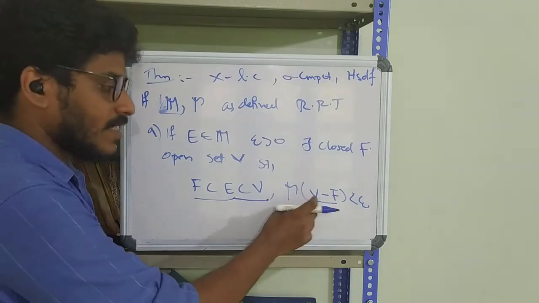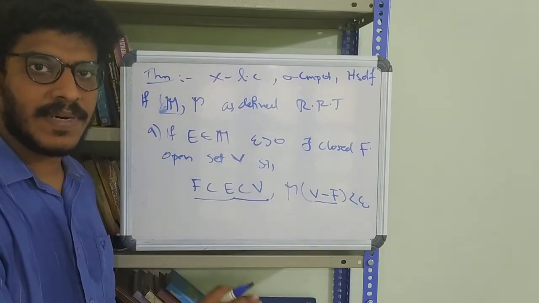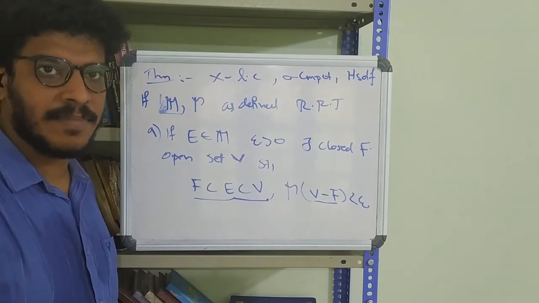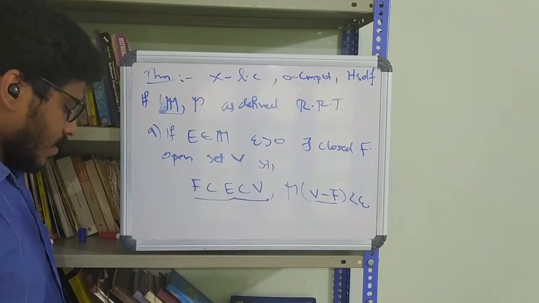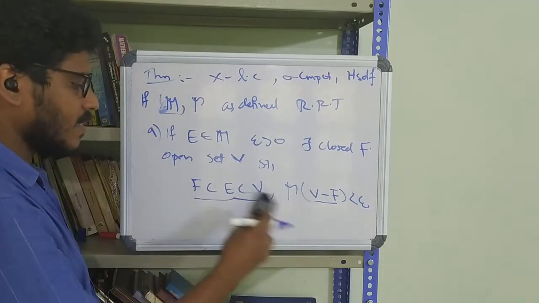See, measure of a set being 0 doesn't mean that the set is empty. Remember that the measure of the set being 0 does not mean that the set is empty. Okay, so that's the first property. We can find two sets with this specialty.